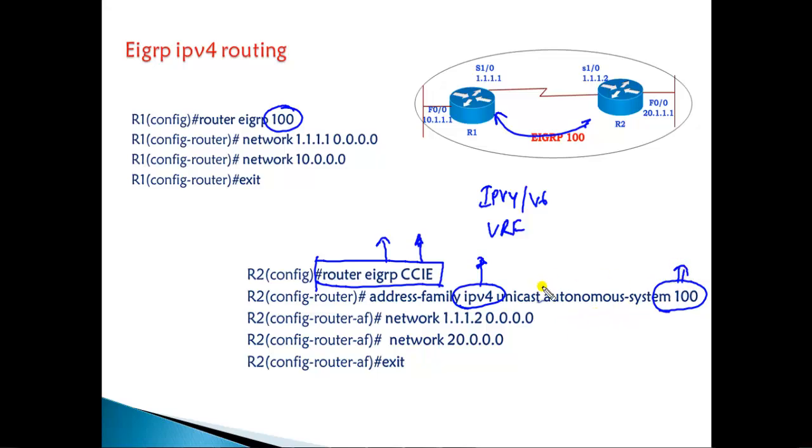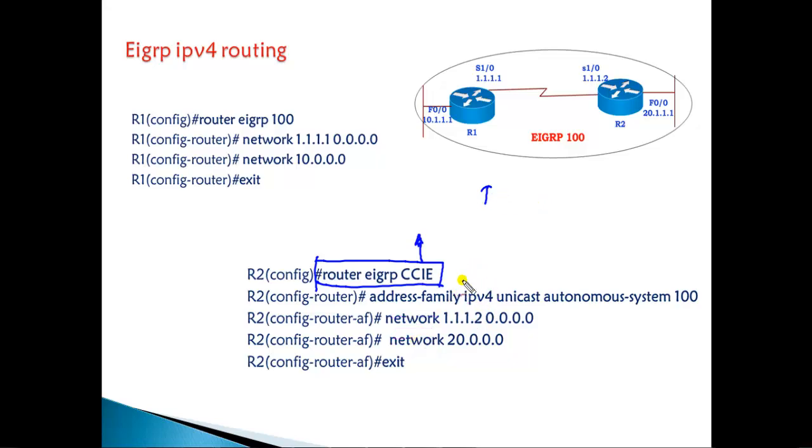In a similar way, we can also configure on the same router address family IPv4 with autonomous system 200 and the configurations relating to autonomous system 200. In the same way, on the same router, we can have multiple autonomous systems configured under the same instance. Similarly, we can also configure IPv6 by just replacing the command with IPv6, and all the IPv6 related commands will come under this address family.